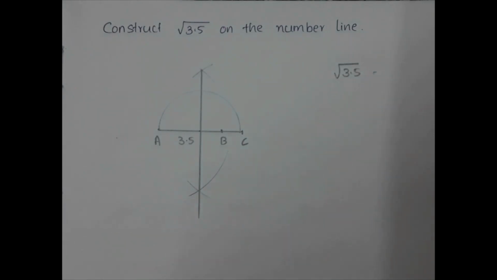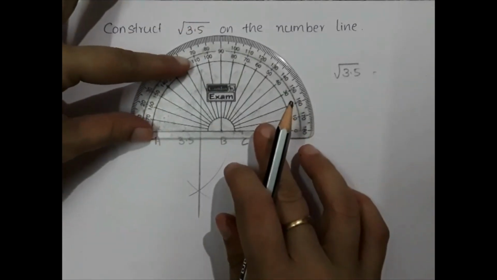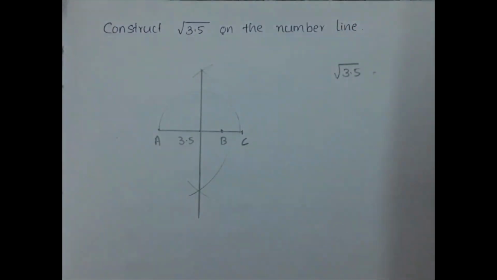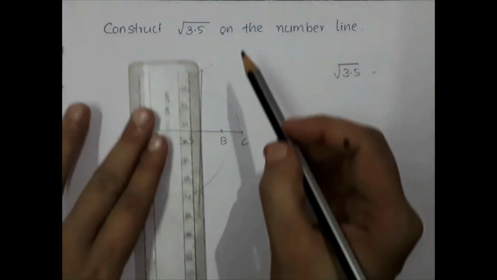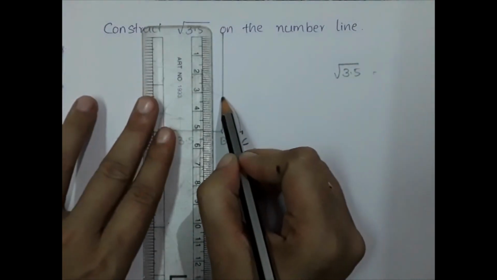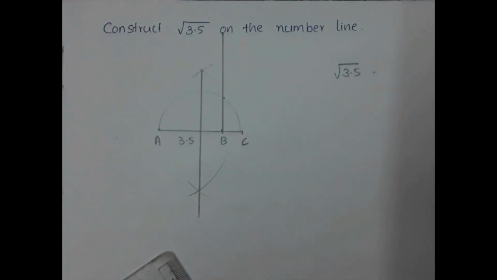Okay, clear? Then you have to place the protractor on B and measure 90 degree. Measure 90 degree, and that line, that is, from B up to that point, represents what?